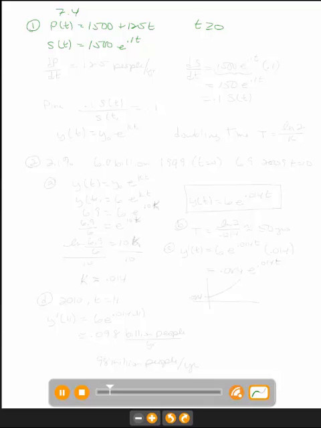Okay, so the growth rate of Pine would be the derivative, dP over dt, which is just 125, and this would be people per year, constant all the time.